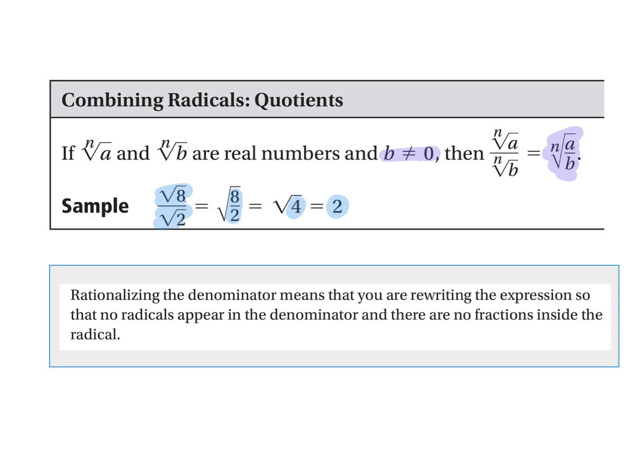So another thing that I would like you to understand here is rationalizing the denominator. It means that you are rewriting the expression so no radicals appear in the denominator and there are no fractions inside the radical. Okay, so we're going to be looking at this in our next practices.